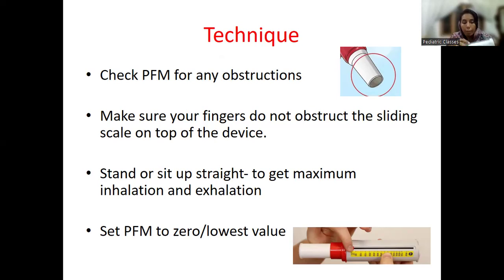Make sure that there is a small red scale thing. Can you see a small pointer here? You have to set it to the 0 value. I'll see if I can show you that in this. See here.